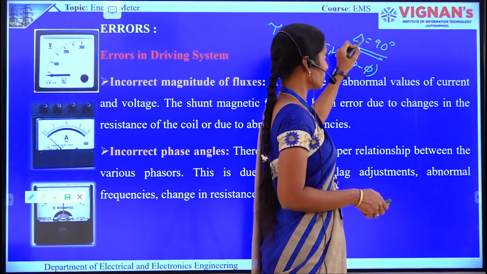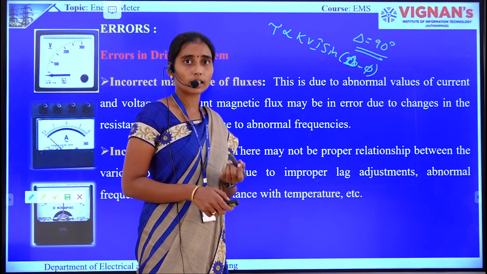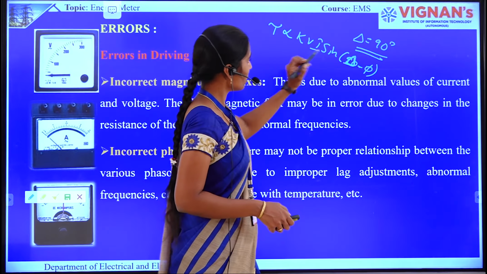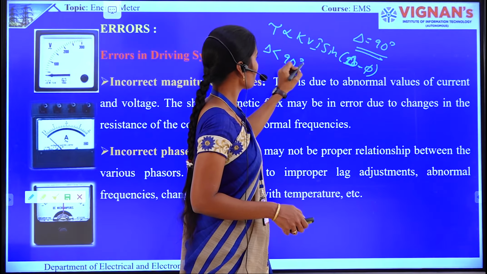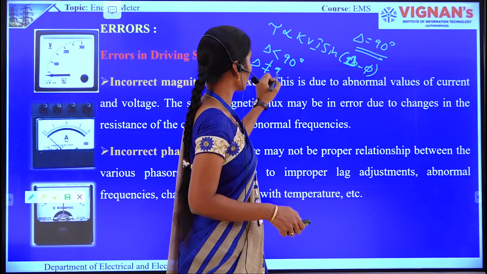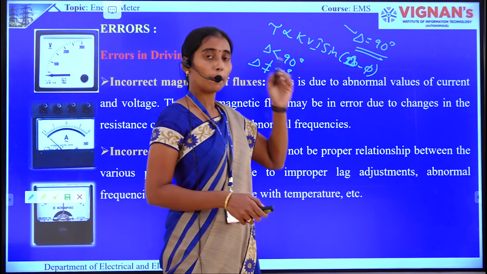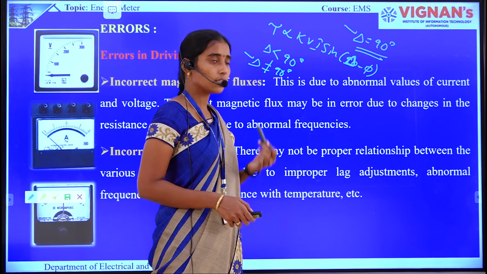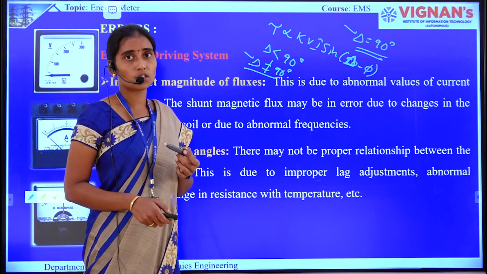But in practice, this delta is not equal to 90 because your pressure coil is highly inductive in nature, and moreover it will have some resistance. So the angle delta is some angle less than 90 degrees, but we are assuming delta equal to 90 degrees. So we need to adjust this value of delta. For that purpose, we are doing lag adjustment.